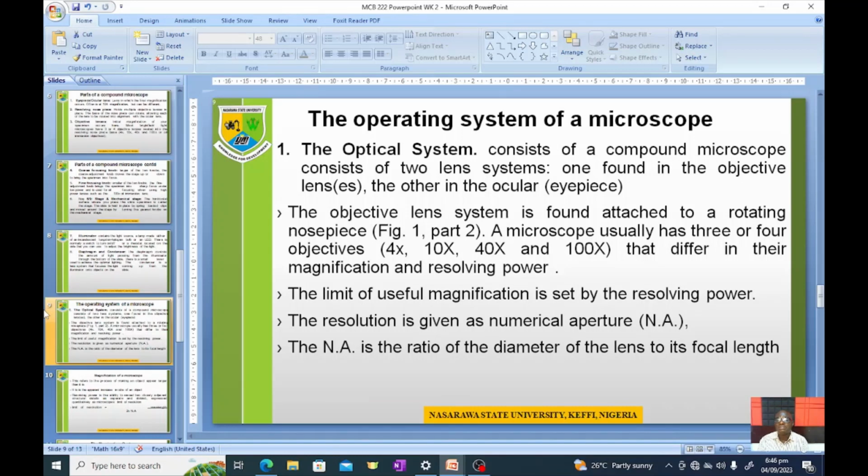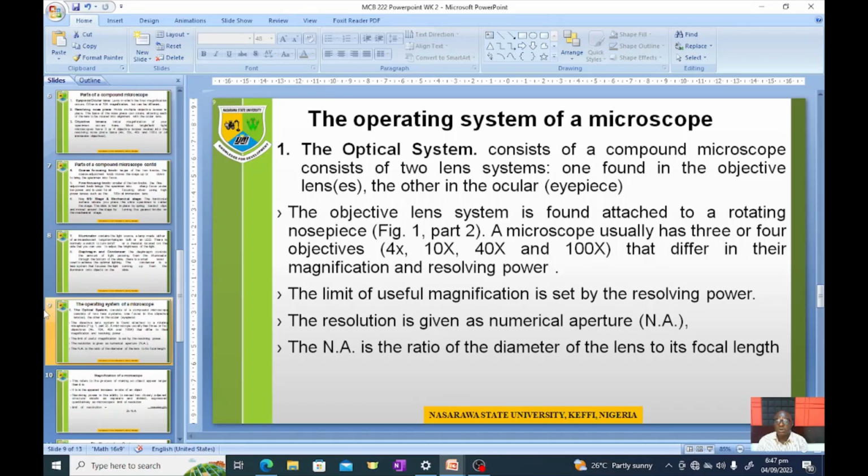The optical system, as one of the operating systems of a microscope, consists, in a compound microscope, of two lens systems, one found on the objective lens or lenses and the other on the ocular eyepiece. The objective lens system is found attached to a rotating or revolving nosepiece. This is seen in figure 1, part 2.